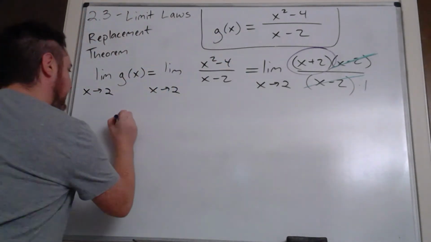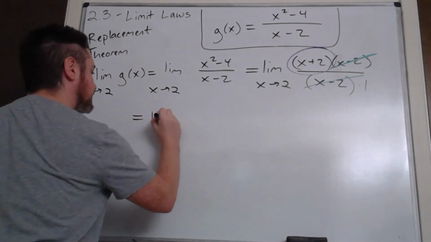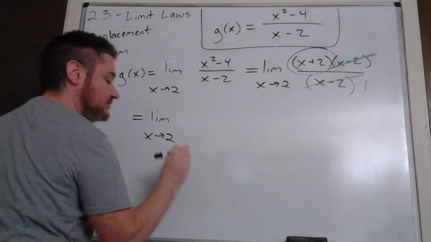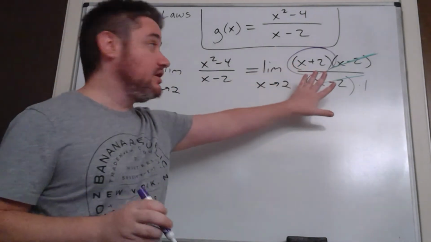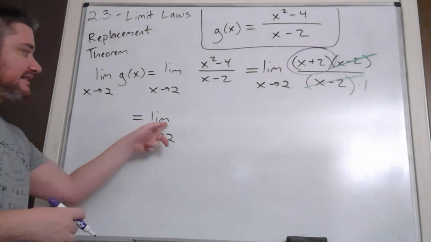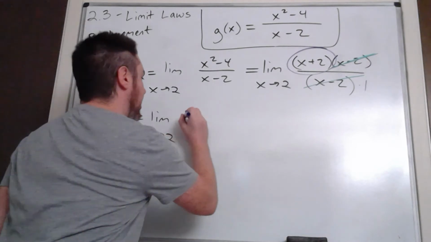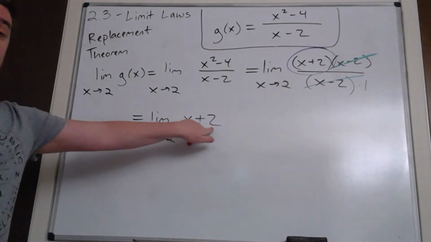And so what I'm doing now is equal to, trying to color code this, this is equal to the limit as x approaches 2 of sort of this simplified version of g, which is just defined as this function, x plus 2. So what we're doing now is the limit as x approaches 2 of the new function x plus 2, okay?